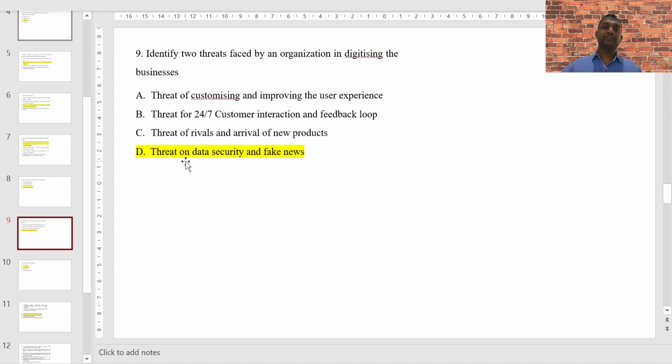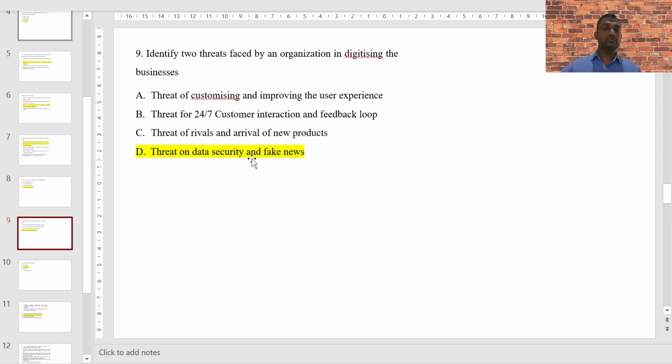And then finally, when you digitize a business, most or almost all the data will be uploaded or converted into an online system, and then you will have to worry about keeping the data secure. And then when the business goes online, you have to keep a good reputation online as well.